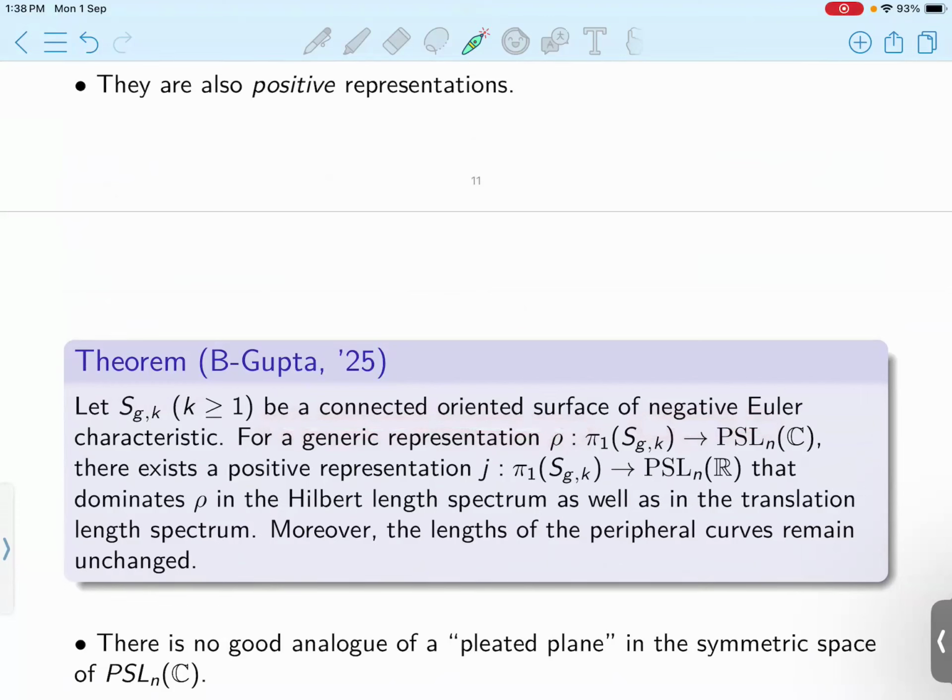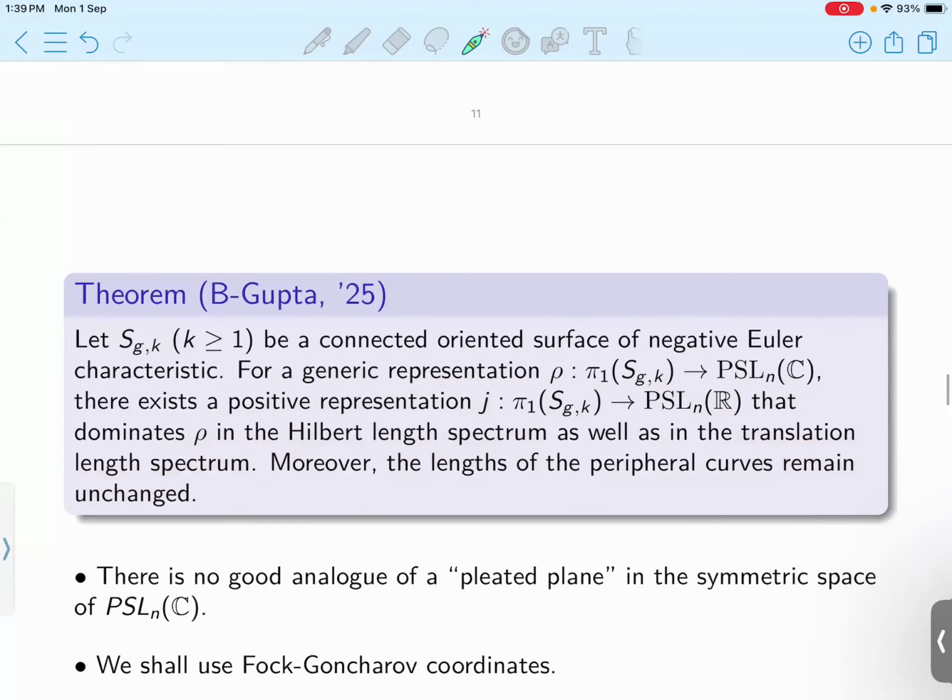Now for a generic representation rho from pi1 S_{g,k} to PSL(n,C), there exists a positive representation J from pi1 S_{g,k} to PSL(n,R) that dominates rho in the Hilbert length spectrum as well as in the translation length spectrum. Moreover, the lengths of the peripheral curves remain unchanged.